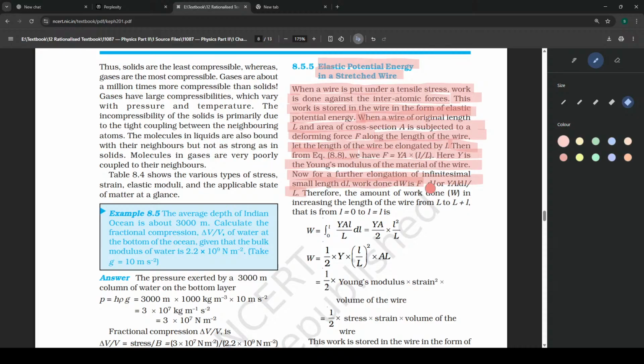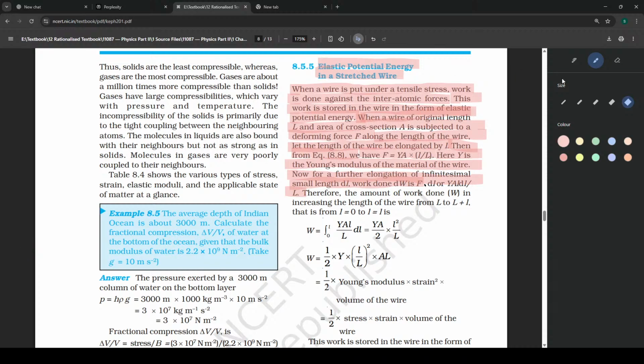Now, the formula for work done: force dot dl. Work done is force times distance, but since it's an infinitesimally small length, we take it as dl. So dW equals force times dl.